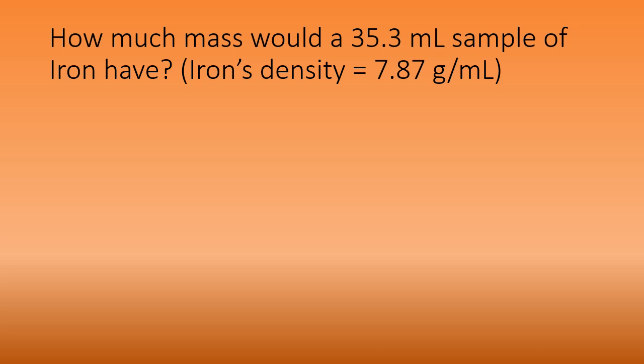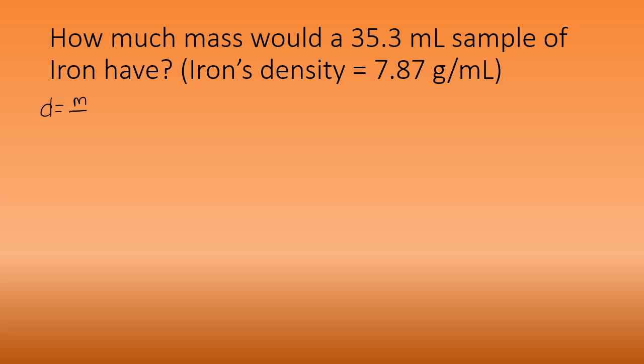This question is now a little bit different. This time we're asked to find the mass given a volume and a density. So it says, how much mass would a 35.3 milliliter sample of iron have, given iron's density to be 7.87 grams per milliliter? So as always, we'll start by writing out our formula.